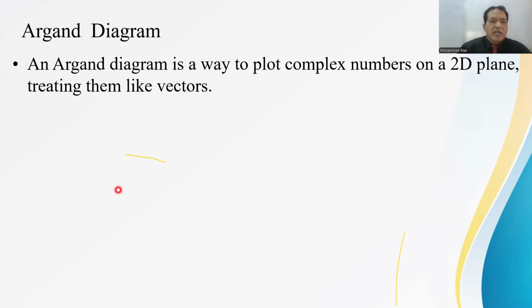An Argand diagram is a way to plot complex numbers on a graph, on a 2D plane, treating them like vectors.